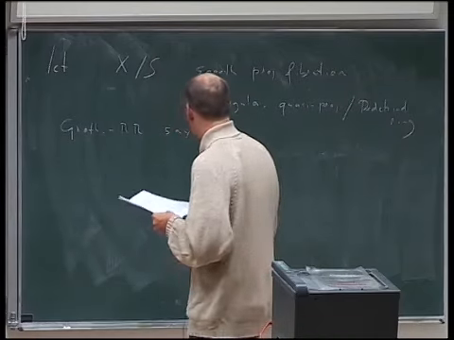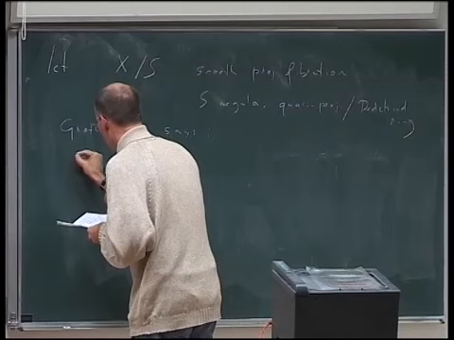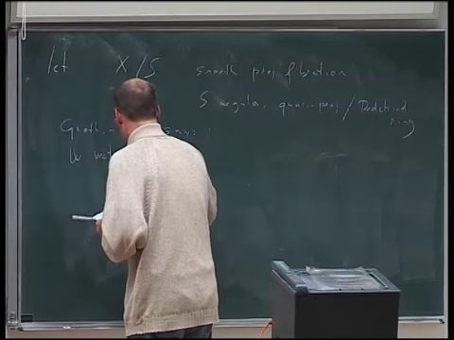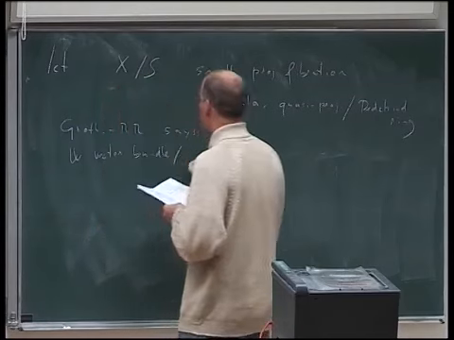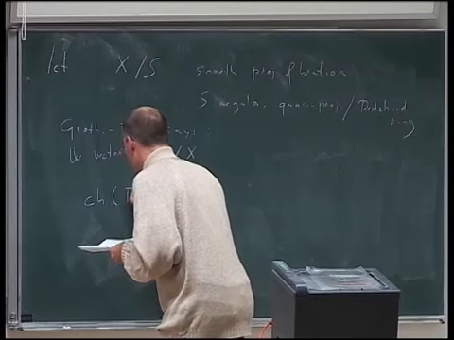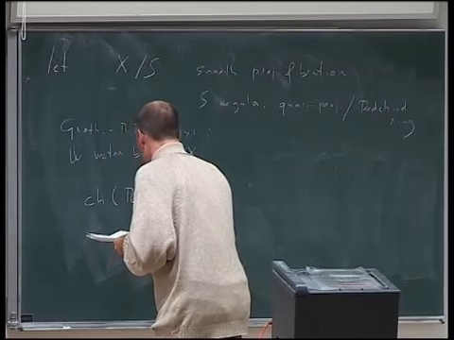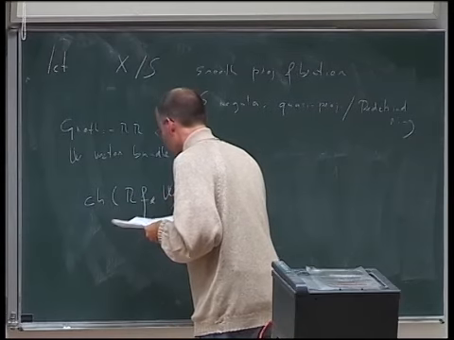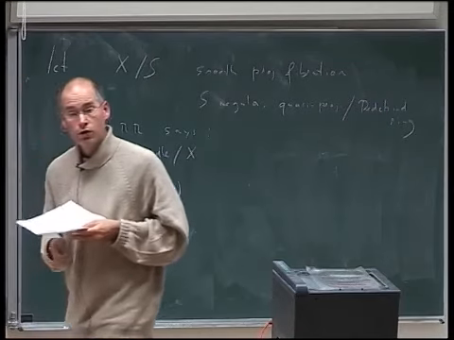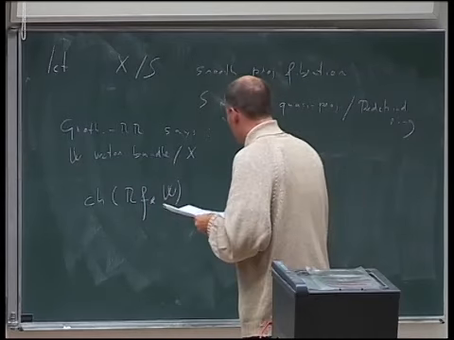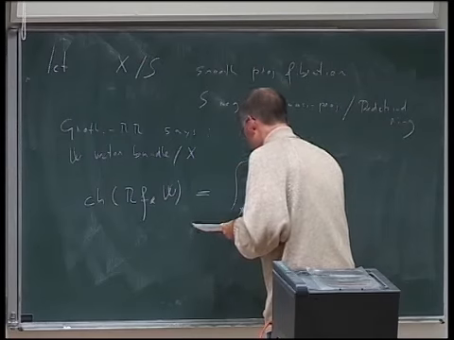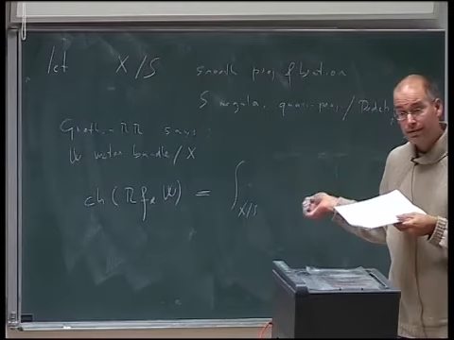It says that if you take a vector bundle W on X, then it will compute the Chern character of the relative Euler characteristic, that means the alternating sum of the relative cohomology sheaves. Very often one writes it this way. It's not really an integral, this is just the functoriality of Chow theory.